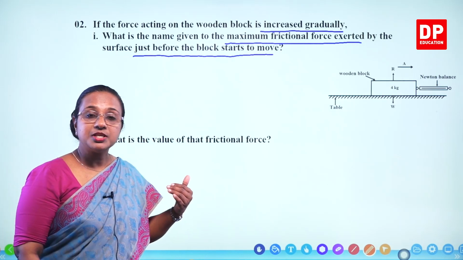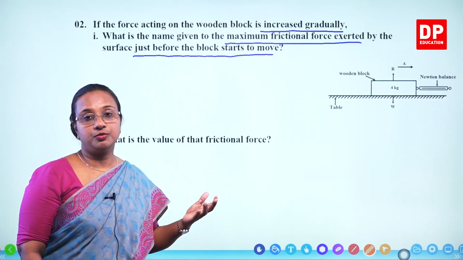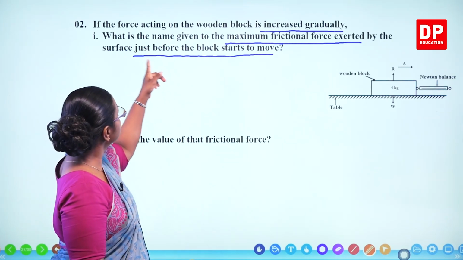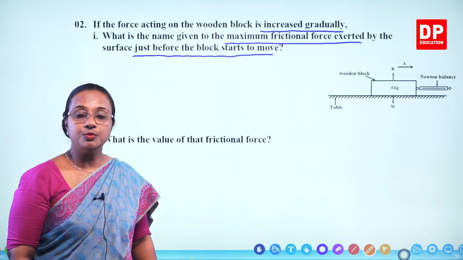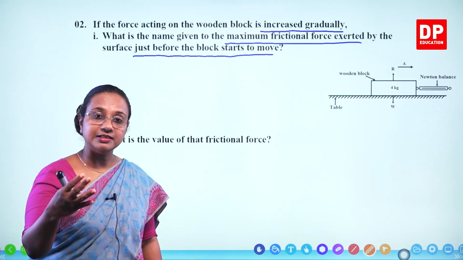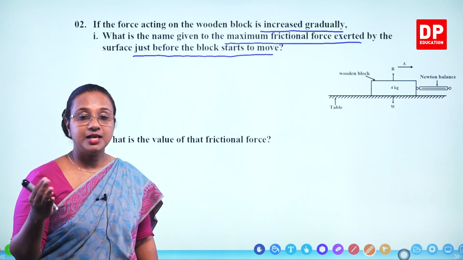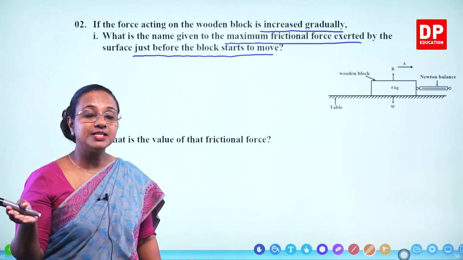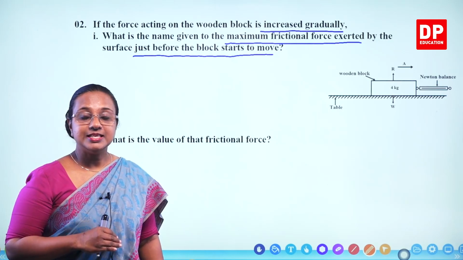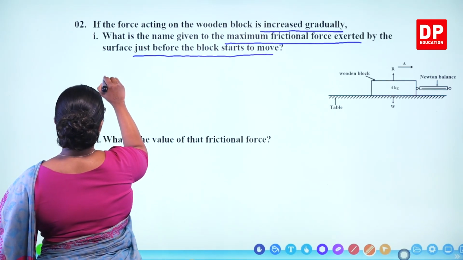The previous question said when the block is not moving. Here, just before the block starts to move. So here the static frictional force has increased and it has reached the maximum limit. Then what do we call it? Yes, it is the limiting frictional force or limiting friction.